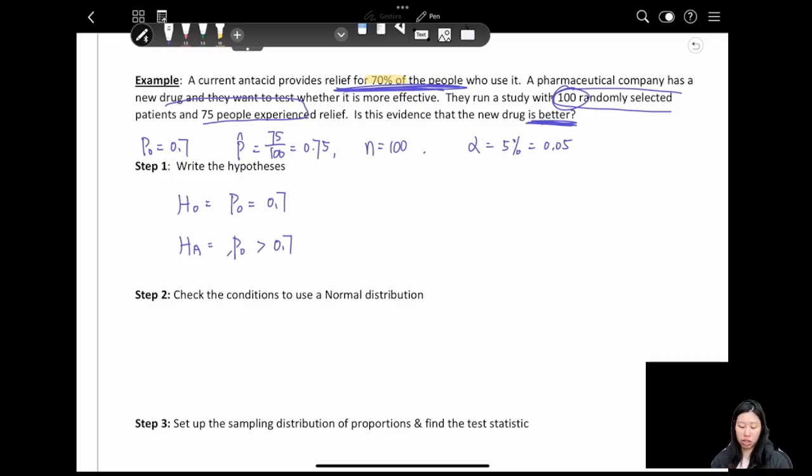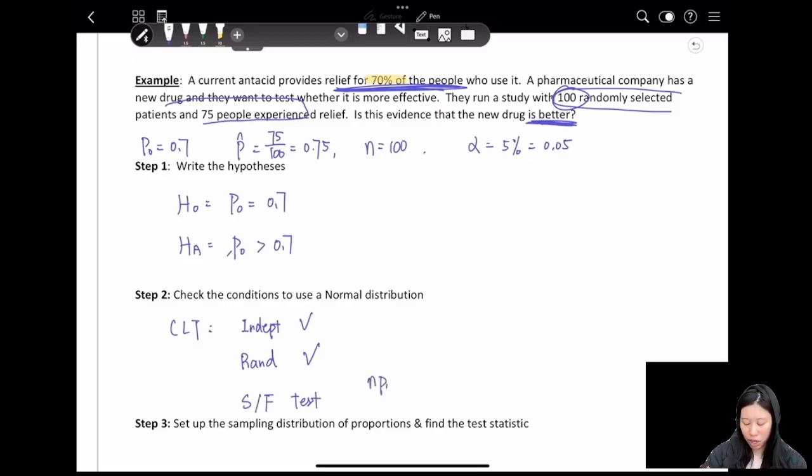Okay, let's check the conditions to use a normal distribution. So what would be the conditions? Central limit theorem. So independence, check. Randomization, check. Okay, the success and failure test. Again, this is built around the null hypothesis.